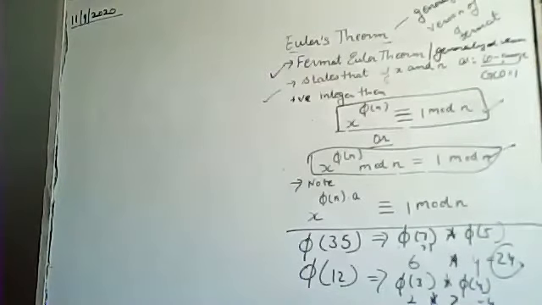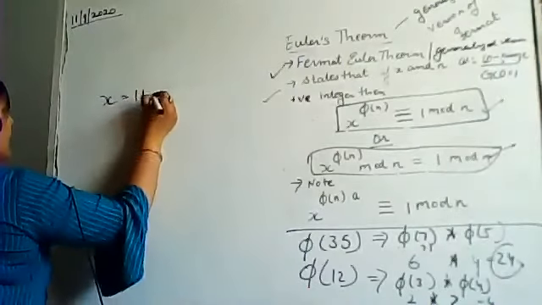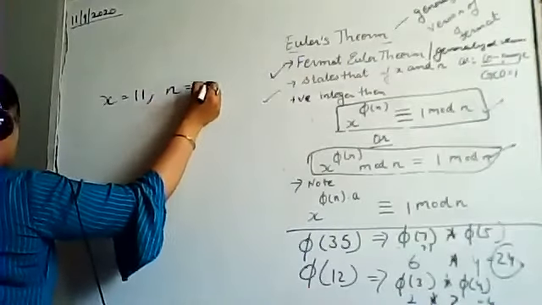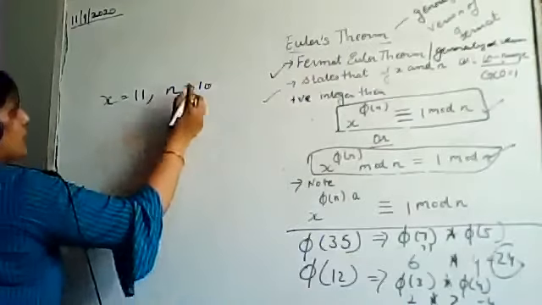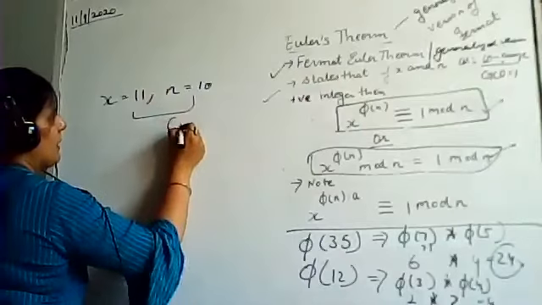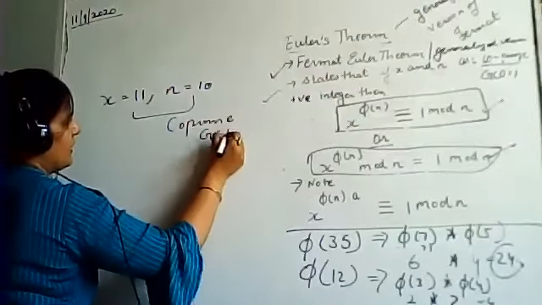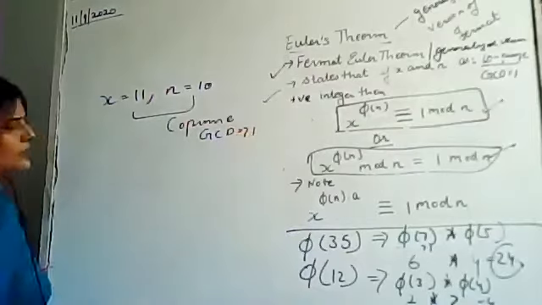Now let's suppose the value of x is 11 and the value of n is 10. Both of these numbers are co-prime, which means their GCD is 1.